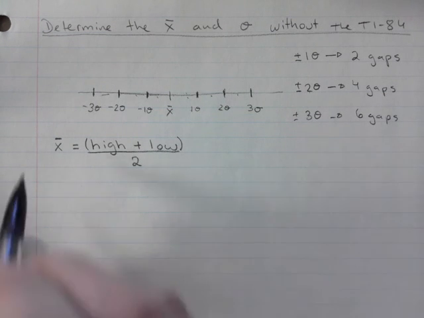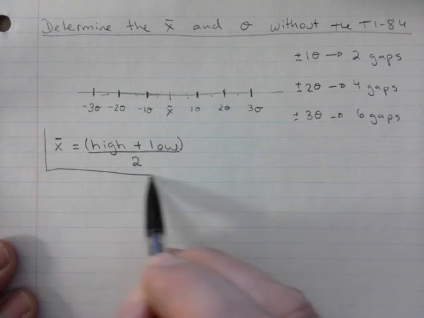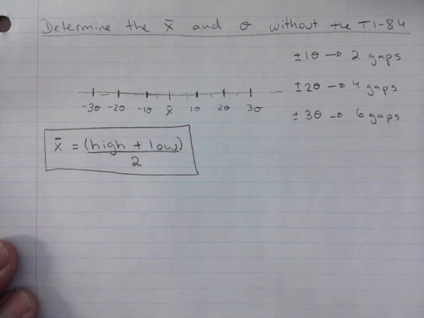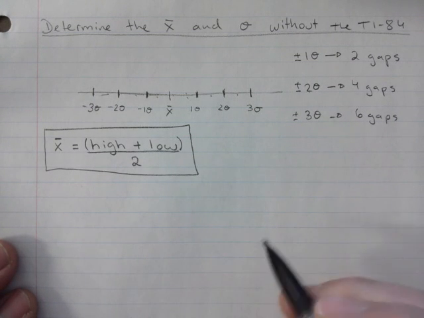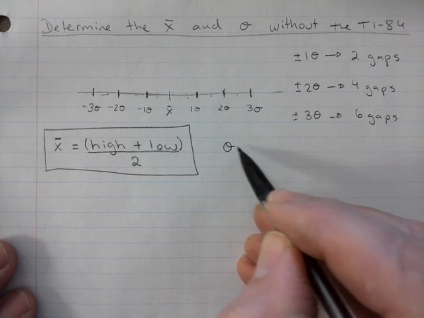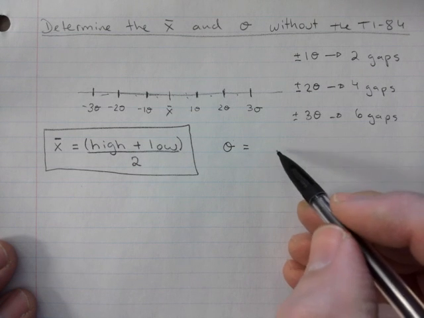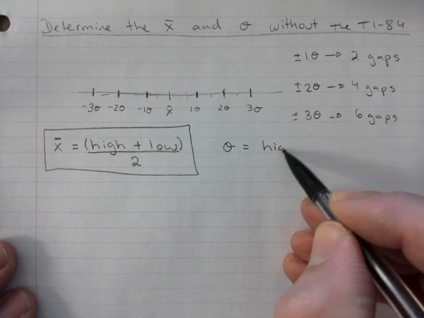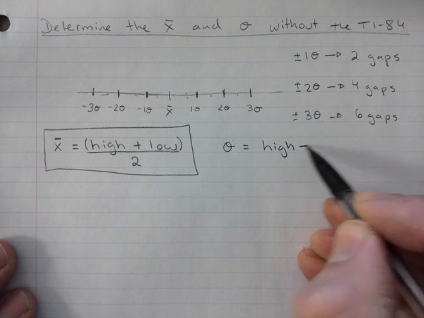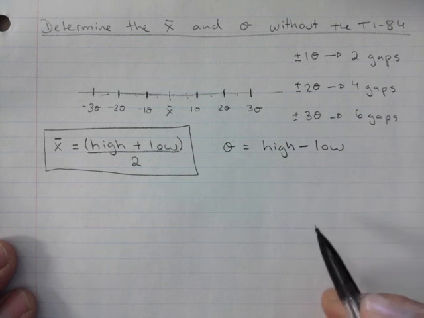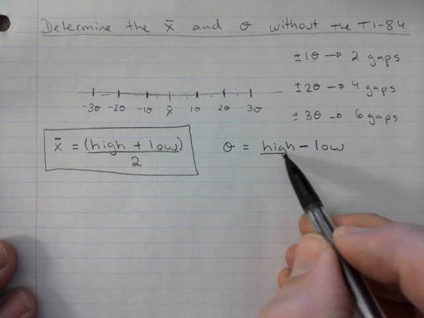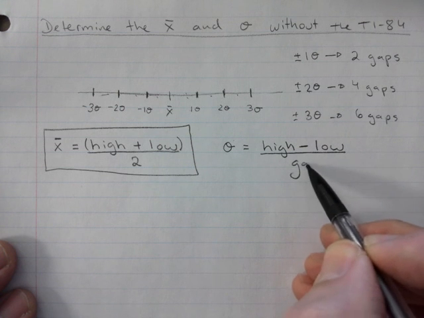So write that one down and I'll box it in. And to find the standard deviation, we would take the high minus the low. We're going to divide that by the number of gaps.